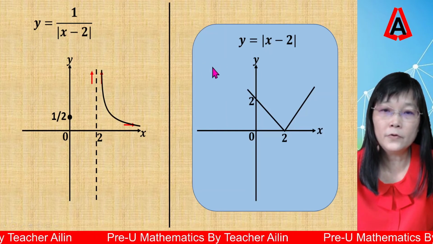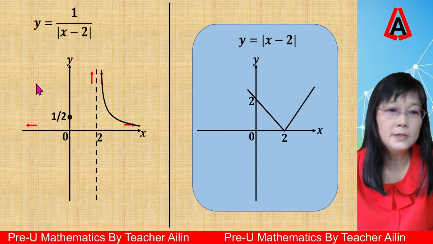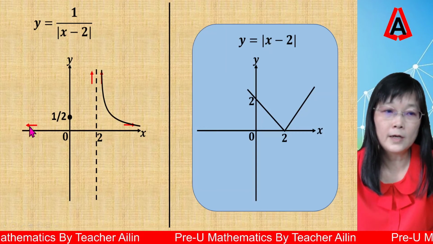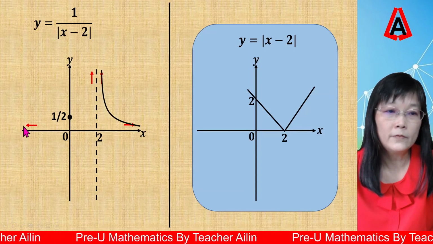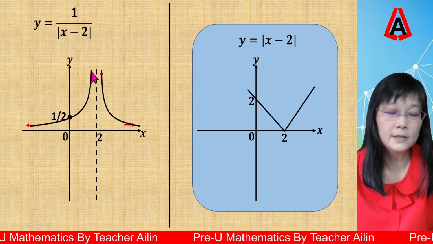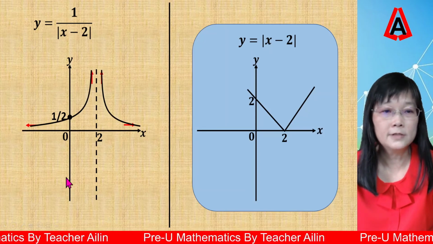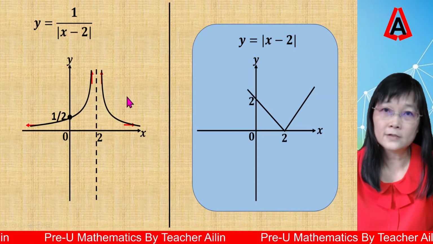So when y positive infinity is converted to the reciprocal, the value of y becomes slightly greater than 0. So when we combine all the values of y, this is the curve at this quadrant. So generally this is the graph of the function.